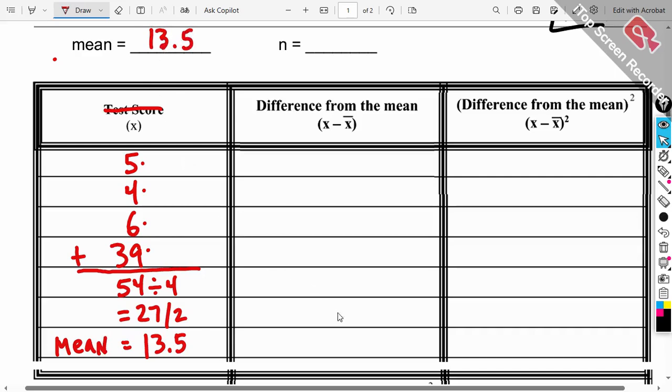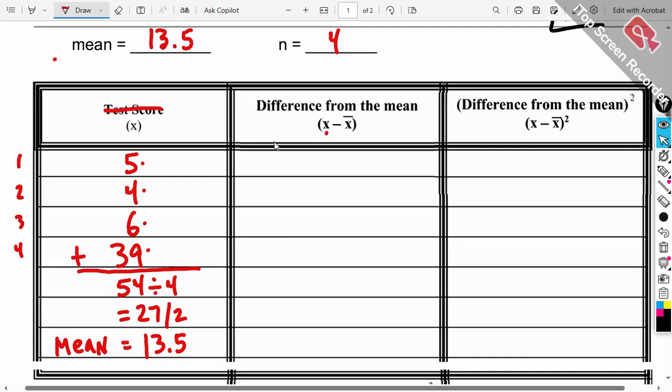All right, so we definitely need the mean. Okay, we said n is how many numbers we have. We have 1, 2, 3, 4 numbers, right? That's why we divided by 4. We have 4 numbers.